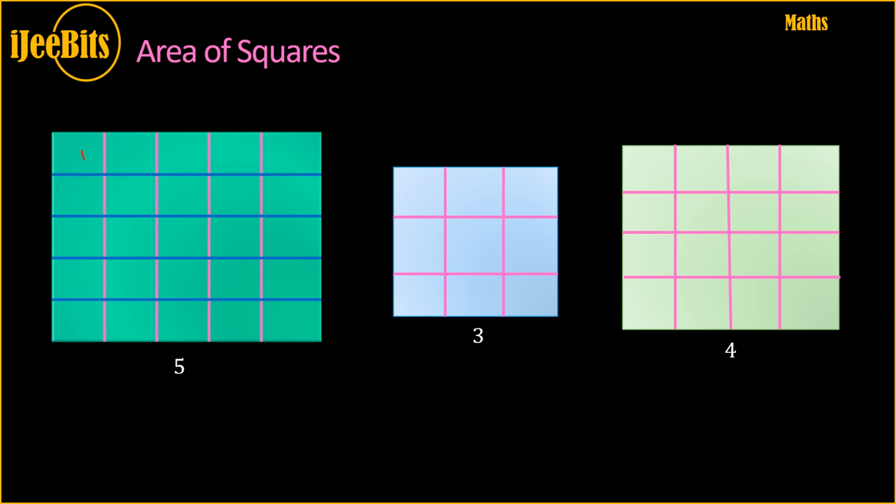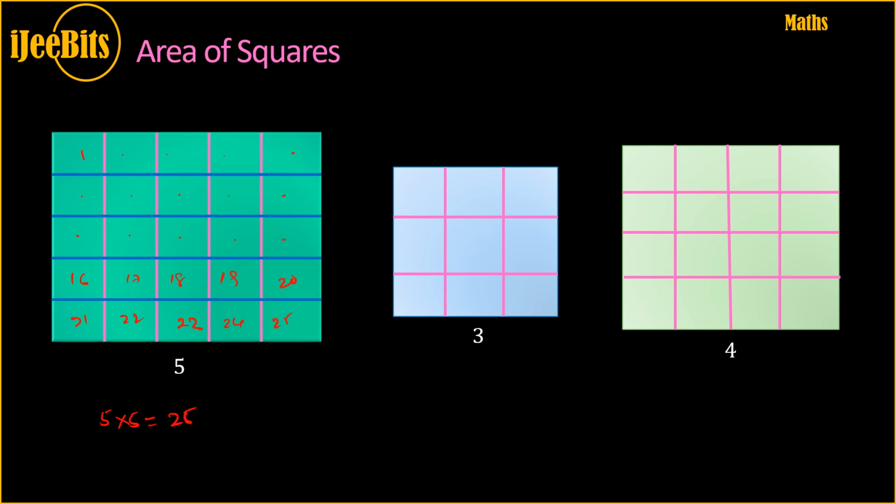See, I have 1, 2, 3, 4, 5, 6, 7, 8, 9, 10, 11, 12, 13, 14, 15, 16, 17, 18, 19, 20, 21, 22, 23, 24, 25, right? As per the formula, 5 into 5, side into side, is equal to 25. So I have 25 unit squares within the bigger box.